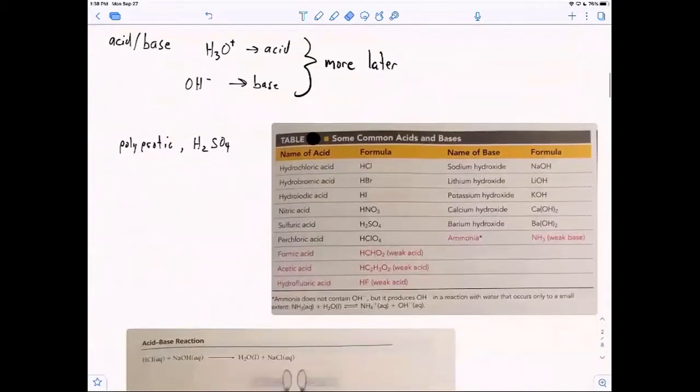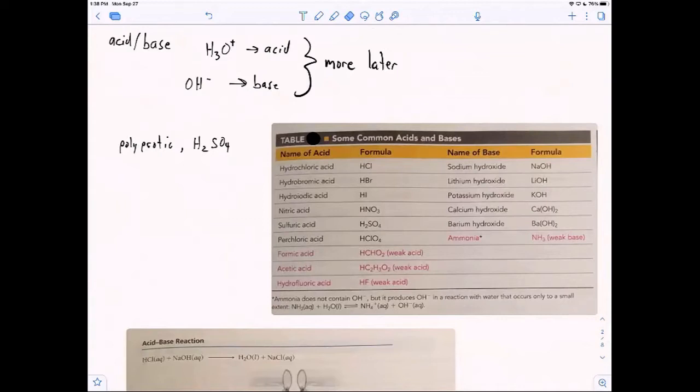Okay, so acids and bases. We're going to talk so much more about this later in second semester. We have a whole chapter dedicated to acids and bases, but I will just give you a real brief overview. Acids in water form hydronium ion, and bases in water form hydroxide ion.